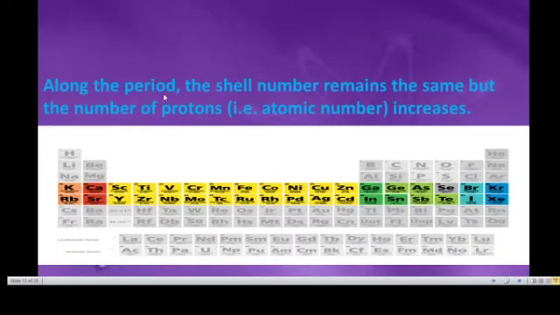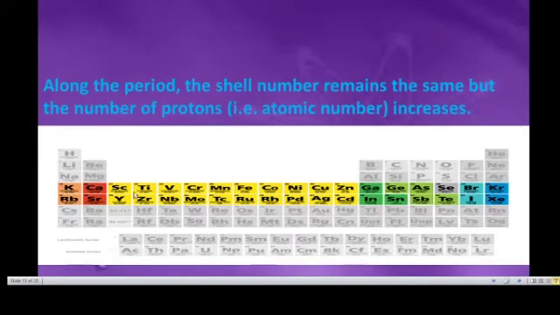Then along the period, the shell number remains the same, but the number of protons, that is the atomic number, increases. Here potassium atomic number 19, calcium 20, then scandium 21.